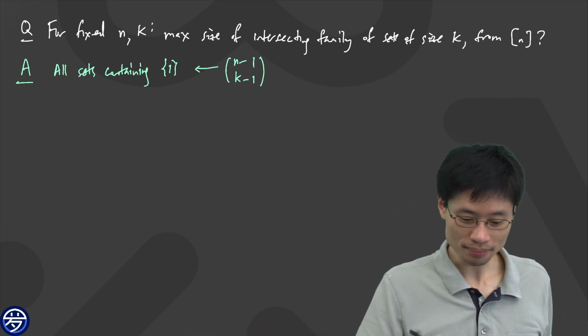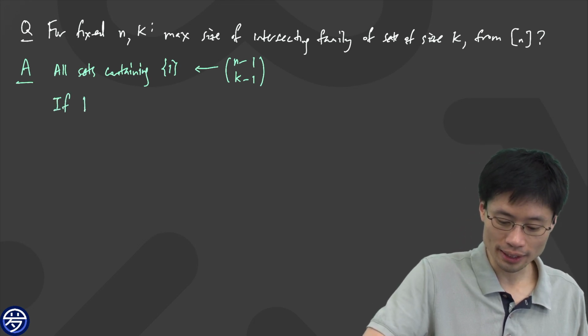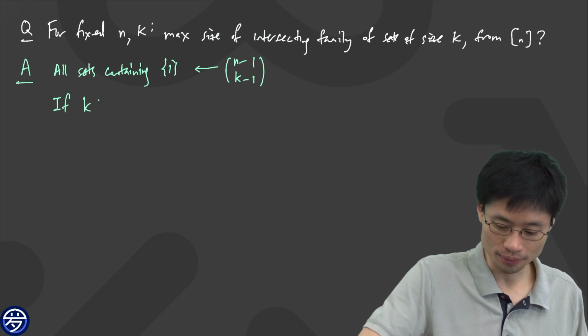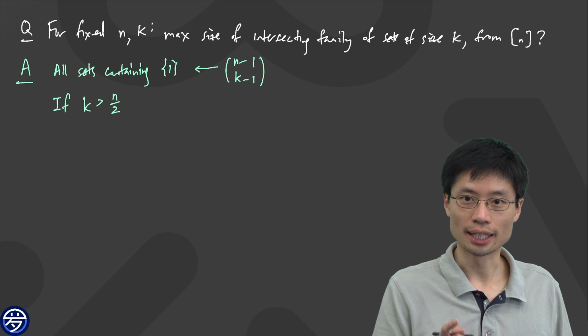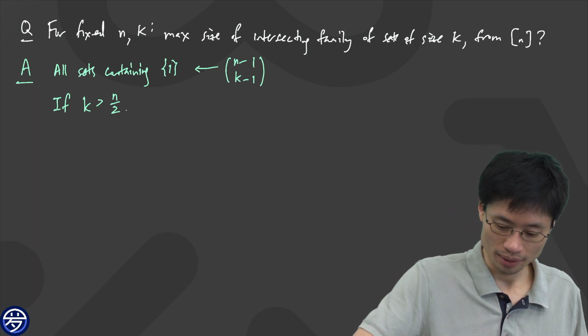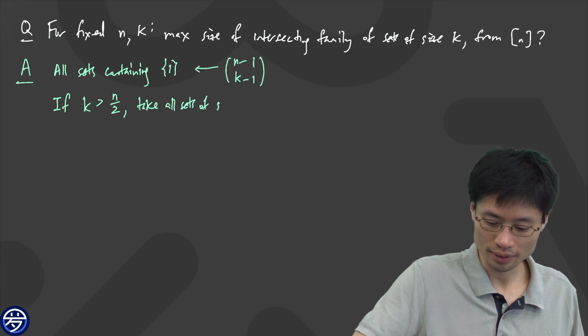If k is at least n over 2, you can just take all sets of size k. You want to say if k is at least n over 2, do you want at least or bigger? I think you want strictly bigger. Take all sets of size k.